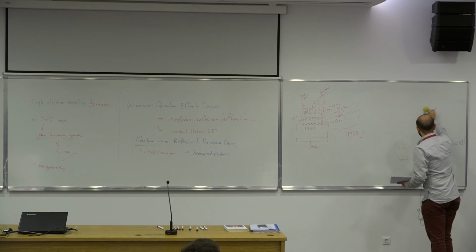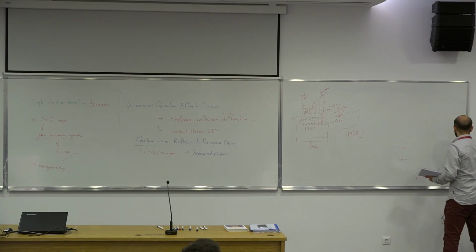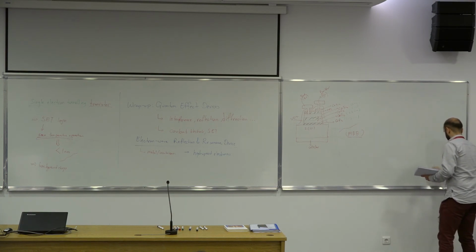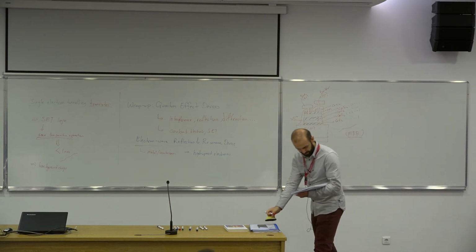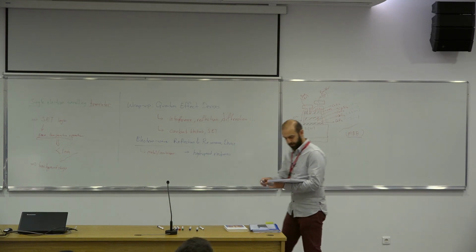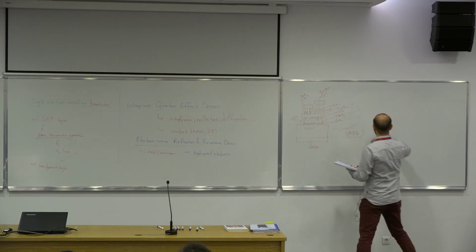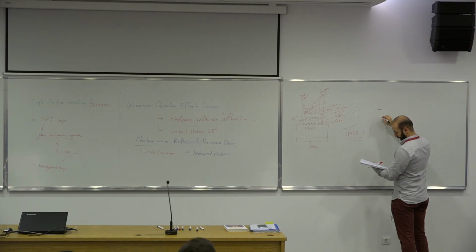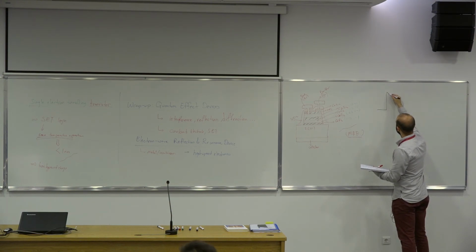So I'm trying to explain a resonant tunneling mode. What happens is, take a black pen. So this is the emitter side. Okay, this is the first calcium fluoride layer.